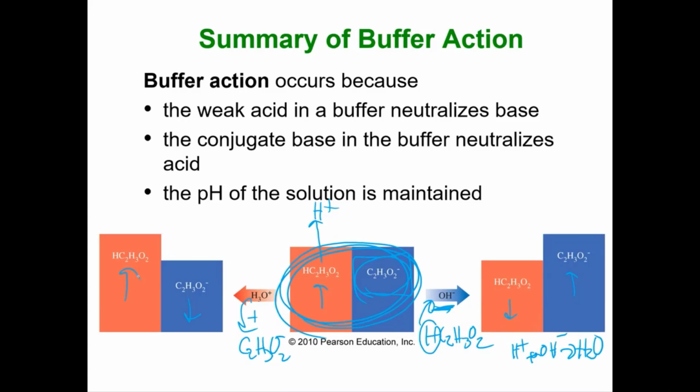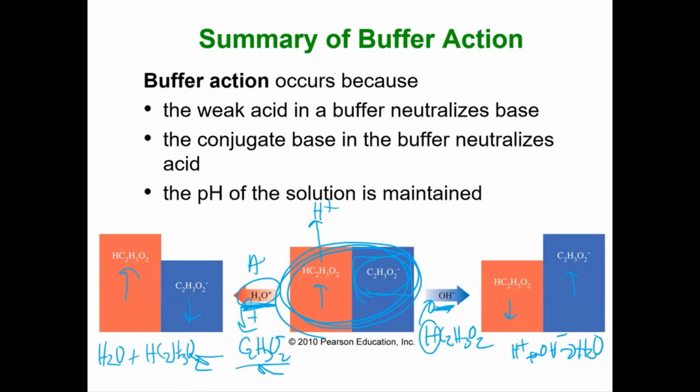And the hydronium ion and the acetate will combine to give me water, right? So it'll give me water. And the water is the conjugate base to this acid, and it'll give me acetic acid, which is the conjugate acid to this base.